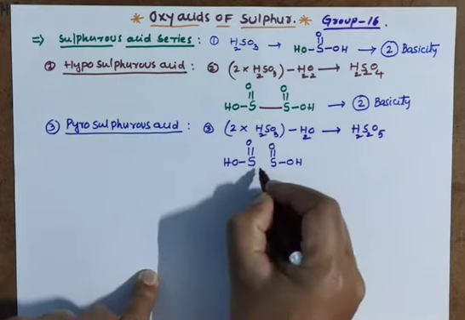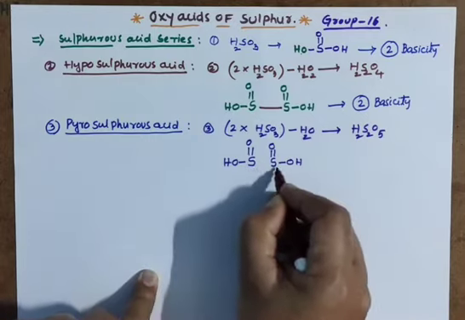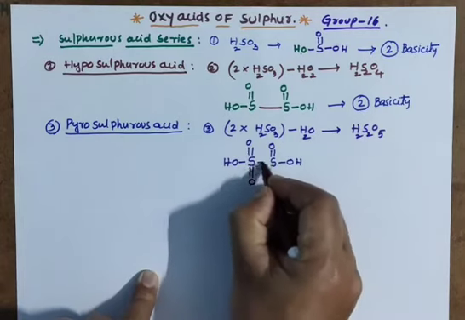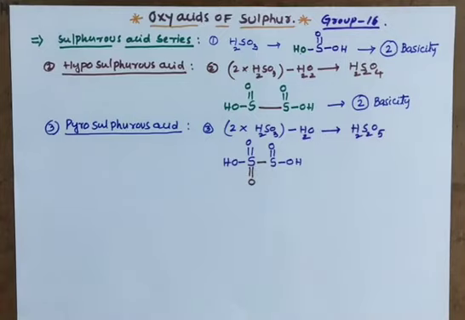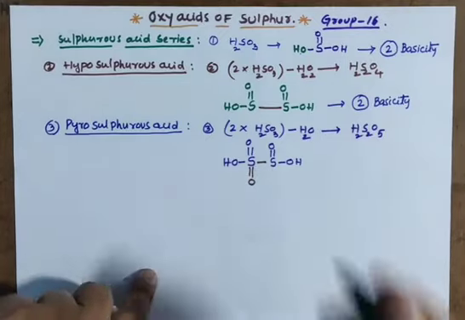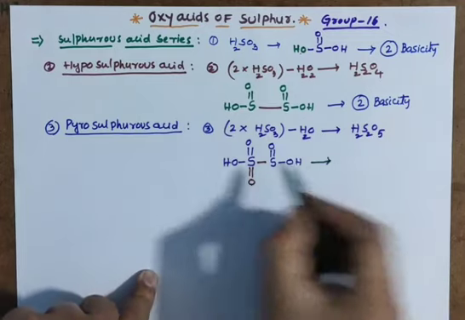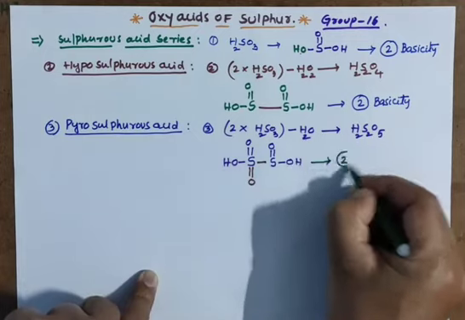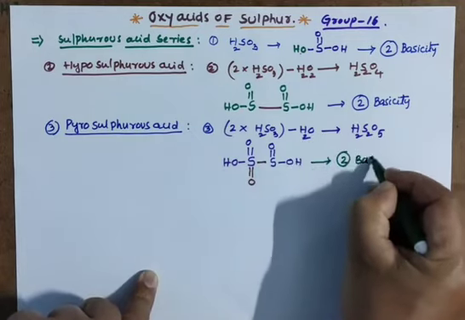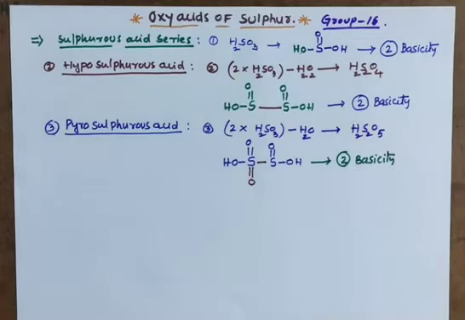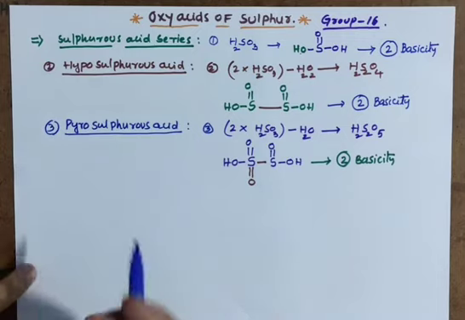That oxygen you can give to this sulfur or that sulfur. This sulfur I am giving, and make a bond between these two. Completed, this is the easy way. Now basicity: number of OH groups, 1, 2. So 2 is the basicity of pyrosulfurous acid. See, very easy. When you learn the tricky way, all are very easy.